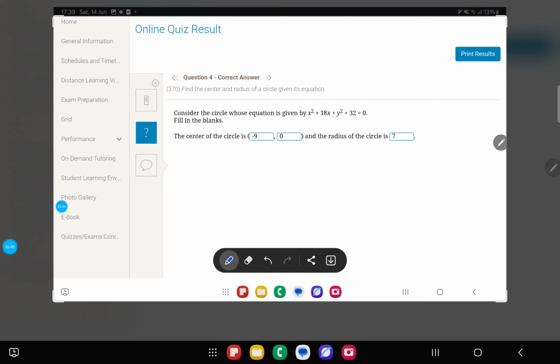Okay, so for this rule, when we want to find the center, the rule is center I equals negative a over 2, comma, negative b over 2. So we're going to use this rule to find the center. A here is 18, so negative 18 over 2.